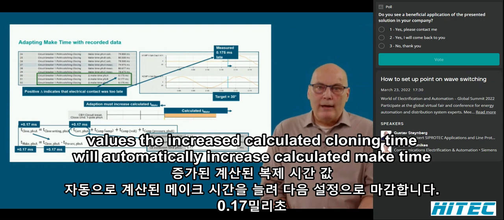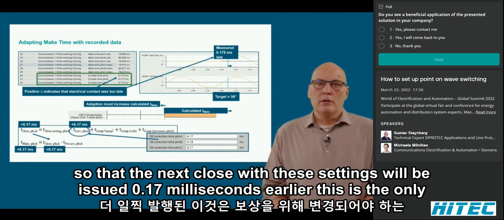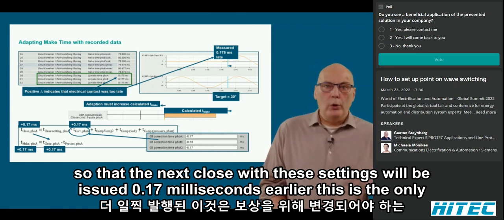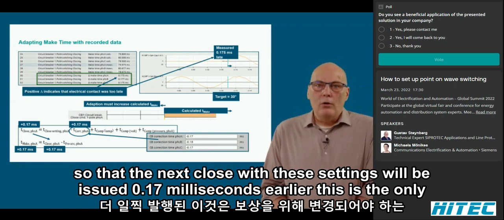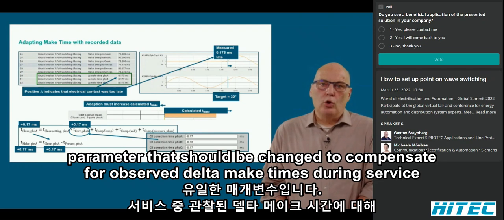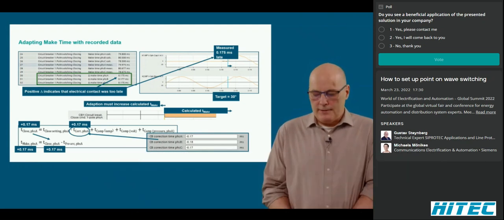The increased calculated closing time will automatically increase calculated make time so that the next close with these settings will be issued 0.17 milliseconds earlier. This is the only parameter that should be changed to compensate for observed delta make times during service.